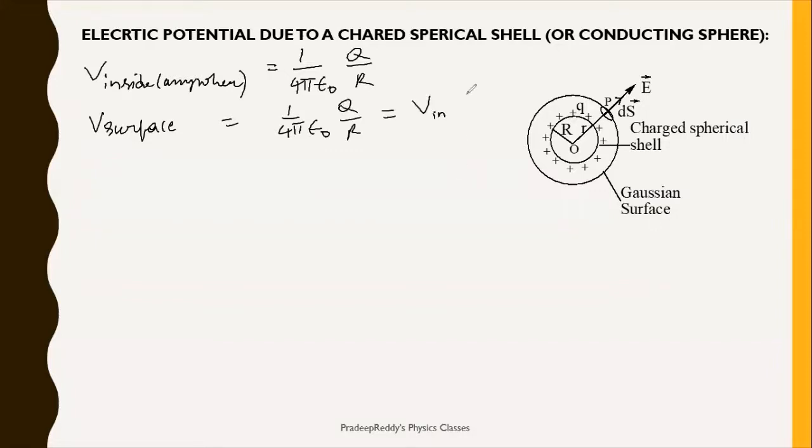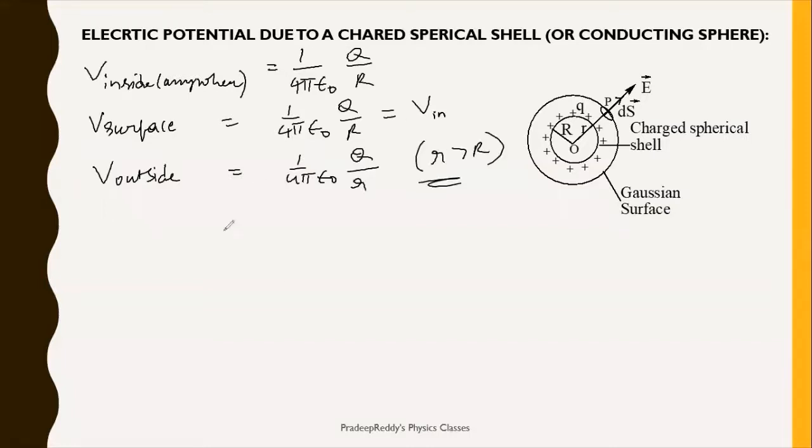So potential inside and potential on the surface are equal. Potential outside is equal to 1 by 4 pi epsilon naught capital Q divided by small r, for small r greater than capital R.